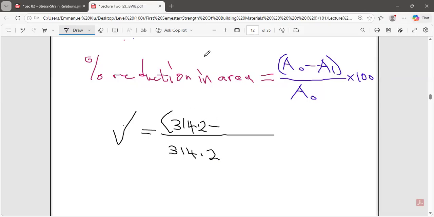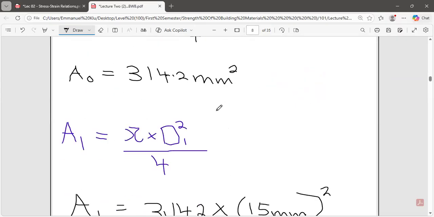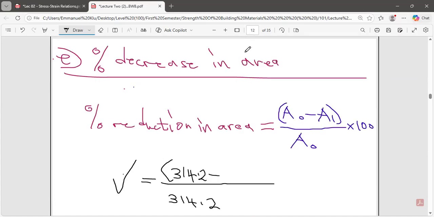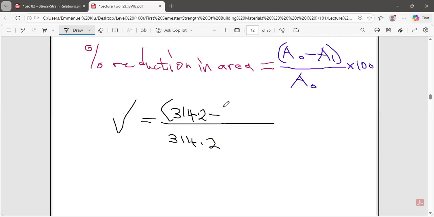Okay, minus, let's go to page 8 to see that. The A1 we had was 176.7375. Good. Let's go back to our initial position and use that over here.